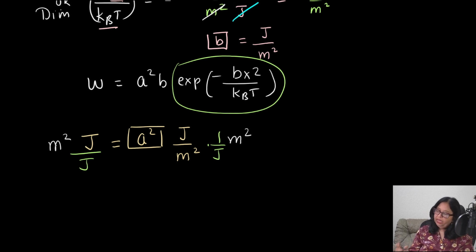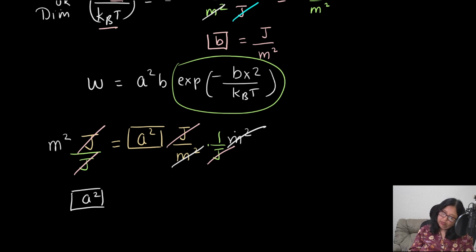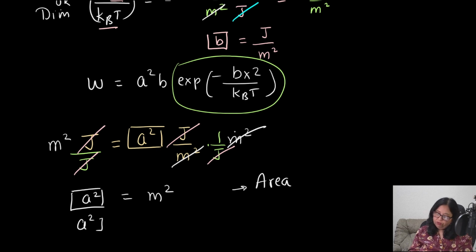So what that does is, on the right-hand side, joules cancels joules. And it turns out that even on the left-hand side, joules will cancel joules. On the right side, though, meter squared cancels meter squared. So what do I have left? This a squared equals meter squared. So this a squared is area. If you were to write down the dimensional formula for a squared, it will be M0 L2 T0.